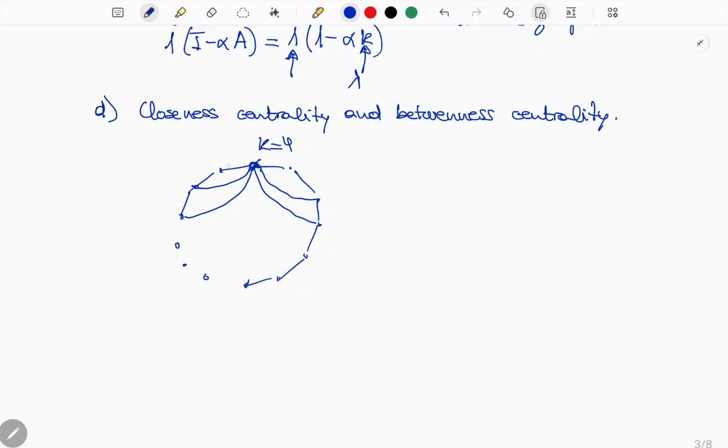So every node is directly linked to its k/2 nearest nodes on each side. That's the idea. Now this is going to be a regular network. And since all nodes are equivalent, the closeness centrality and the betweenness centrality in this case are going to be exactly the same.